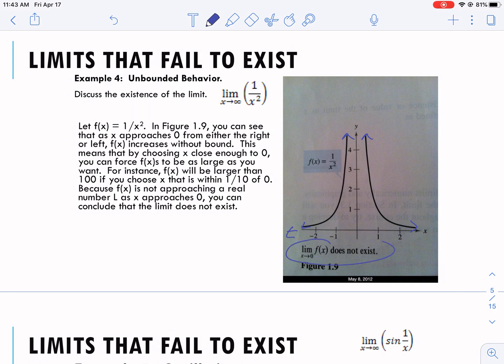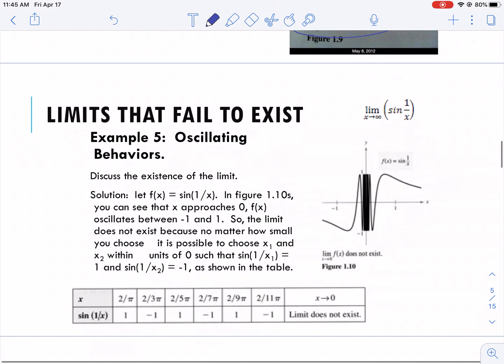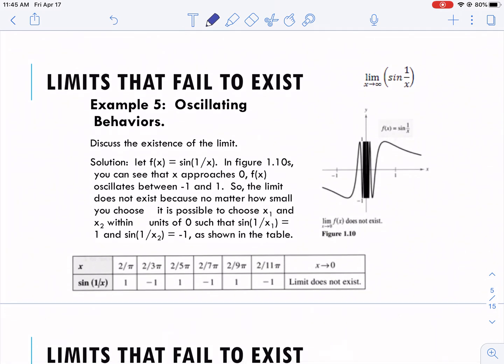And if you look here, as x approaches 0, it does not reach a spot, right? It just keeps going and going and going. So therefore, it does not exist. And then the other time is if it's this oscillating behavior, where it flips from 1 to -1, 1 to -1, it just means it will never stop. So then it doesn't work.